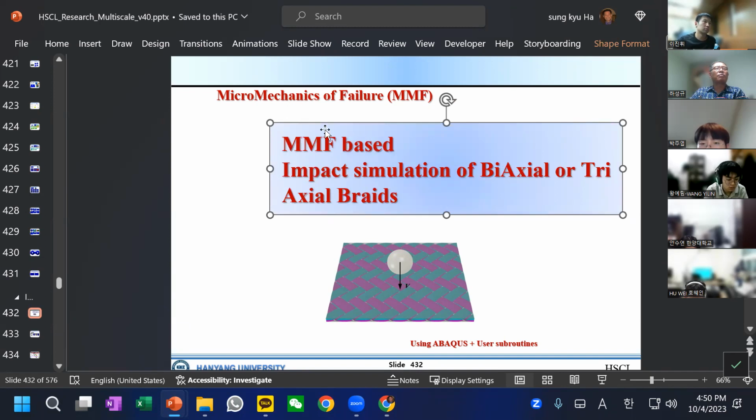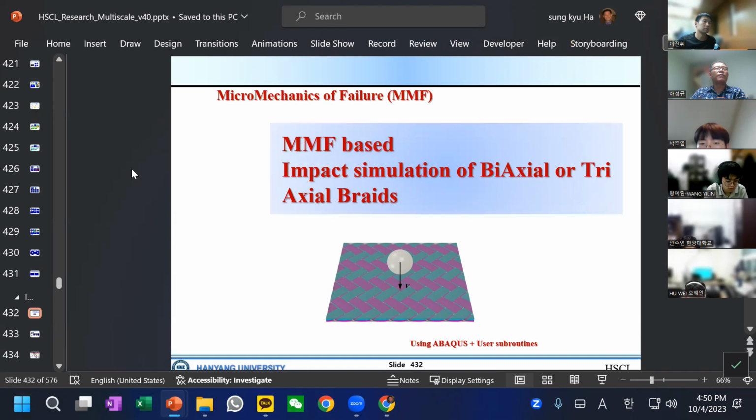It's called micromechanics of failure, the failure procedures, failure theory. We will study more about failure theory, but let's say we have a tow and woven under certain objects, and then impact.